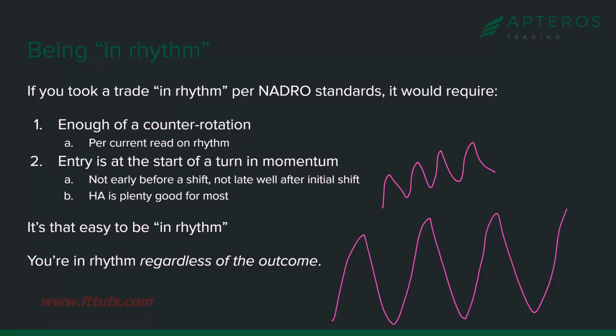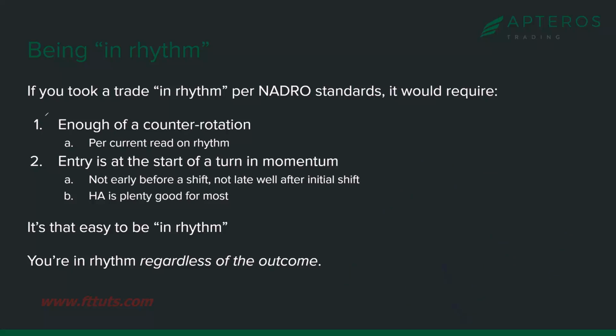So how can we be in rhythm? What is going to be required of us? Number one, we have to have enough of a counter rotation. A counter rotation is counter to the direction we're looking to trade. So if you're looking to get long and the current rhythm is this, well, guess what? I'm going to need to see a decent sized down leg. Look, nothing's happened yet.